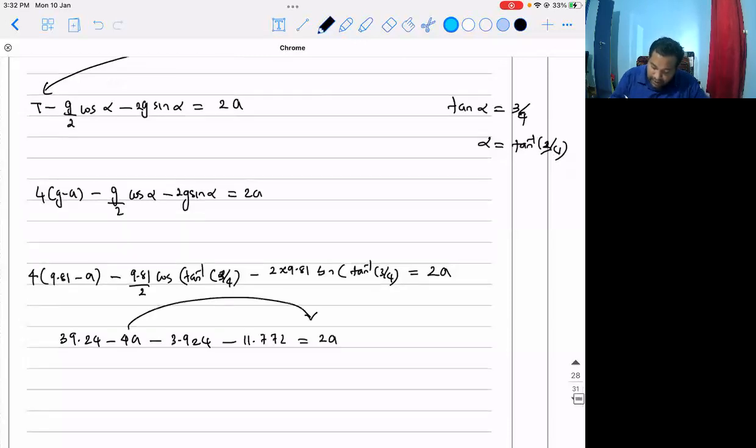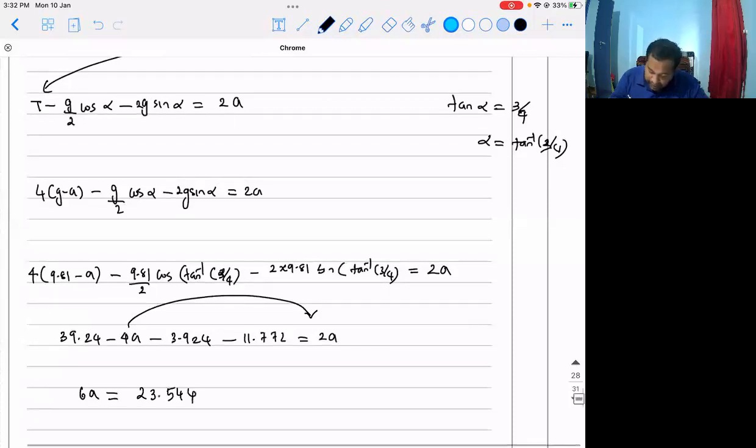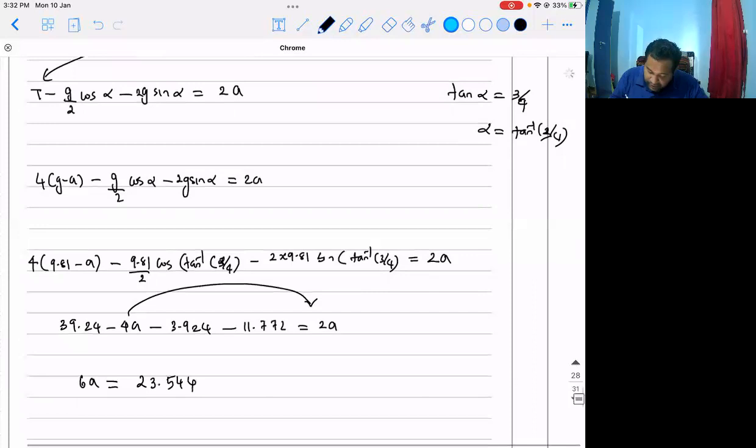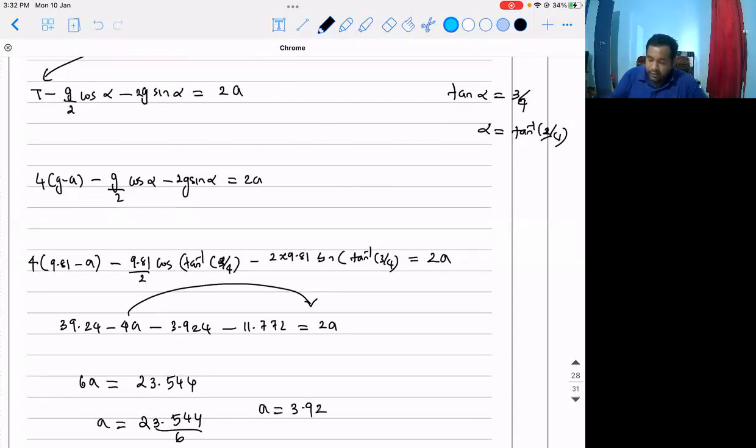You can bring the minus 4a to this side, so 6a is 39.24 minus 3.924 minus 11.772. So 6a is 23.544. That implies we can calculate the acceleration: 23.544 divided by 6, and that is 3.924. So we got the acceleration as 3.92 meters per second squared.